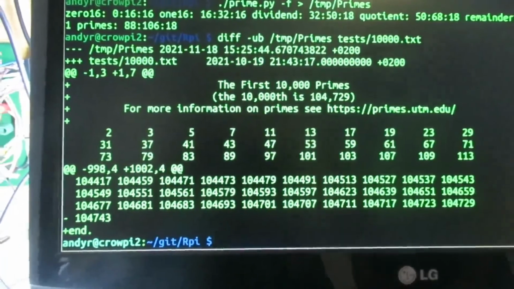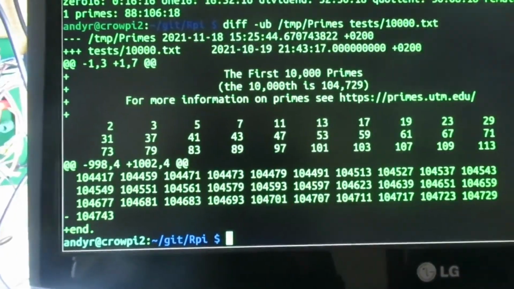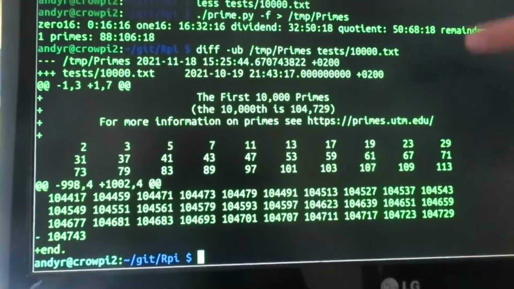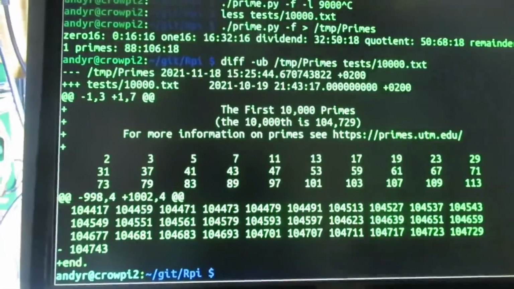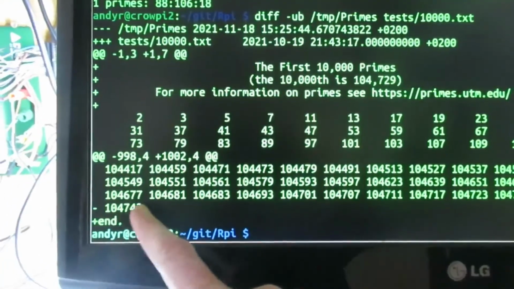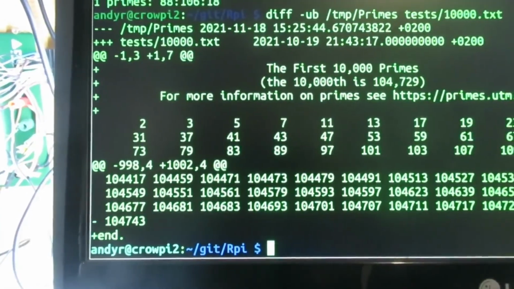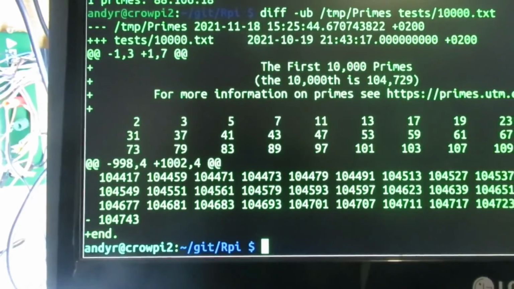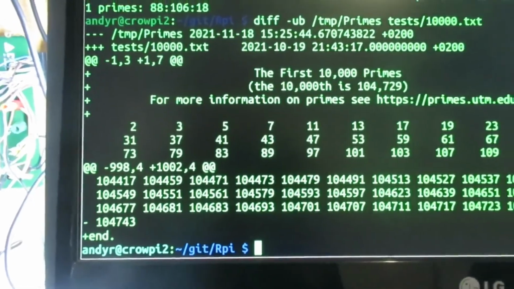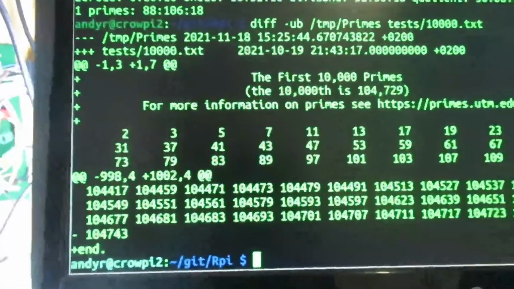And we will see that there are only a few differences. The MIT has a header on it with these plus signs at the front, and I've calculated just a single extra prime at the end here, but otherwise all the numbers in between are the same. So that's the end of my demonstration of running prime calculations on my SIMD machine.